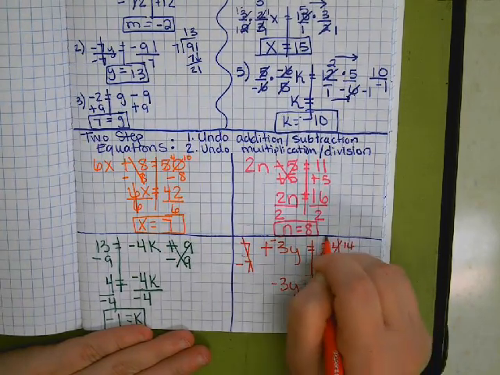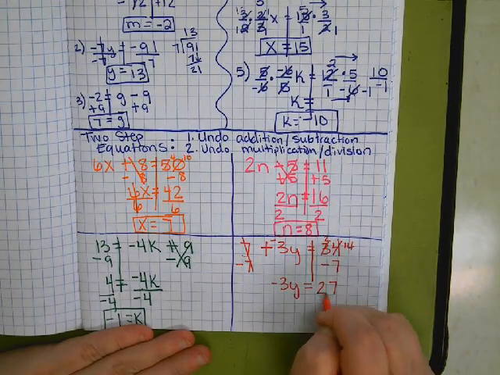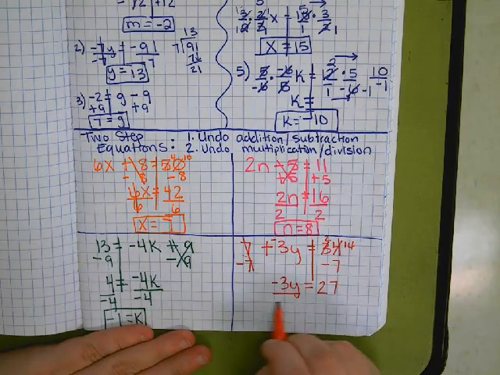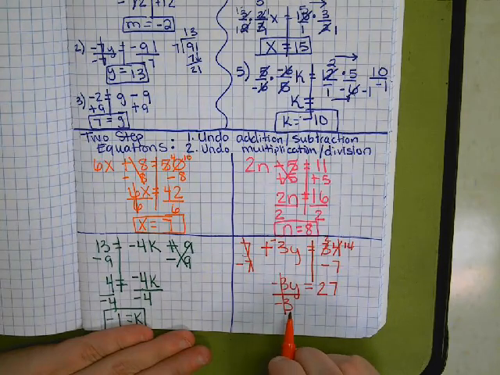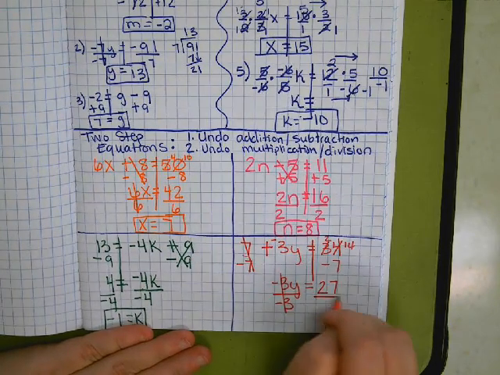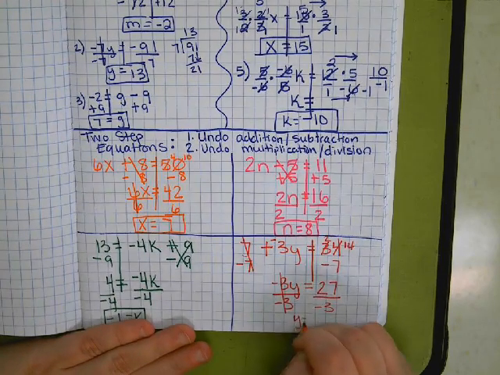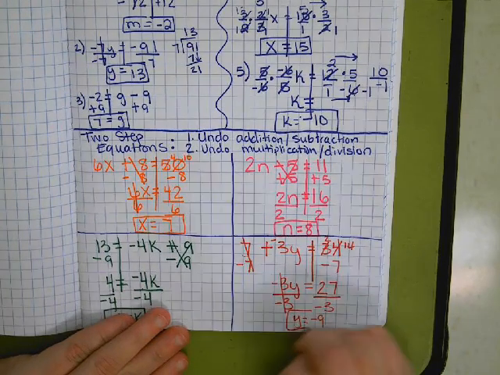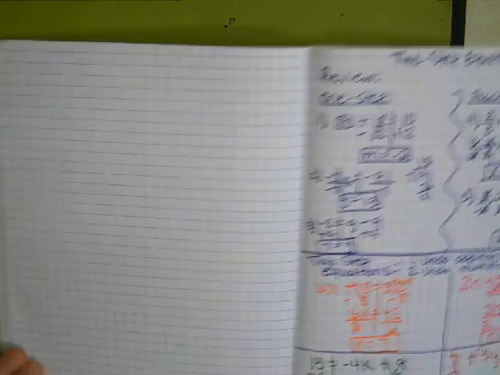Borrow. 14 minus 7 is 7. 27. Now, I have to divide to get rid of the -3, because a letter and a number touching is multiplication. To undo it is division. 27 divided by -3 is -9. You're now ready to try some on your own. You are going to move over to your left side to practice the next steps.